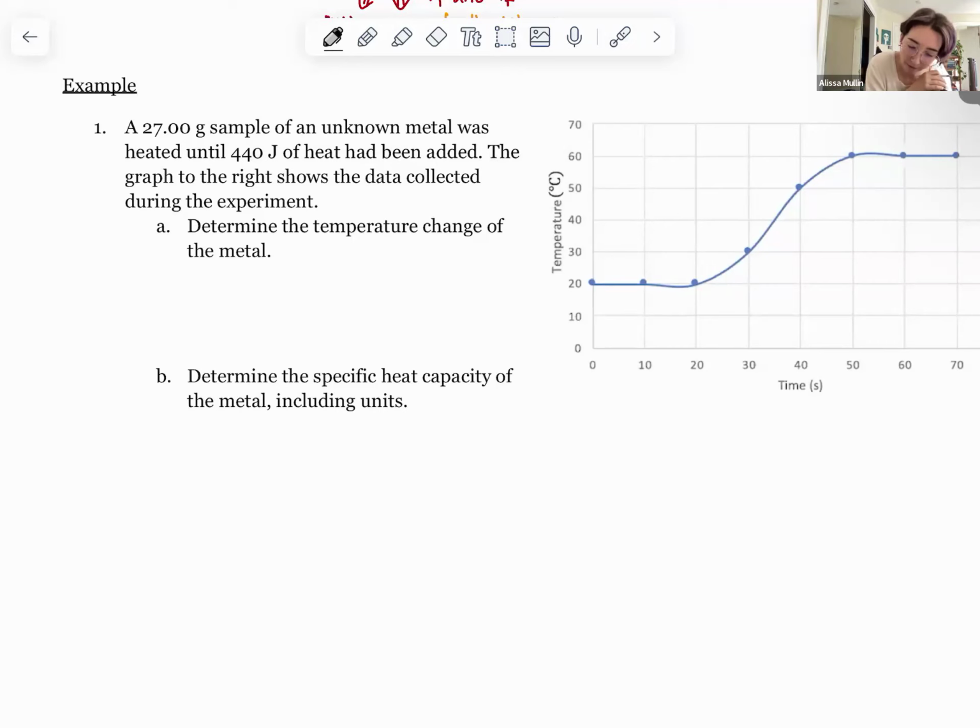We have a piece of metal that is hot, and then we put it in water, or sorry, we're just heating up the metal, and we're just talking about how much it heats up. It's asking for the temperature change. So from the graph, with time on the axis, here's my starting temp, and here is my ending temp where it plateaus.